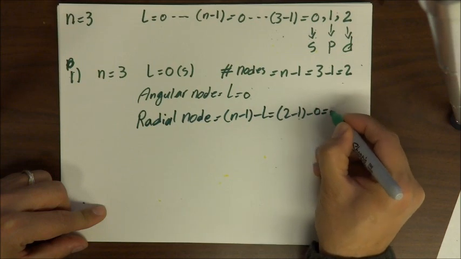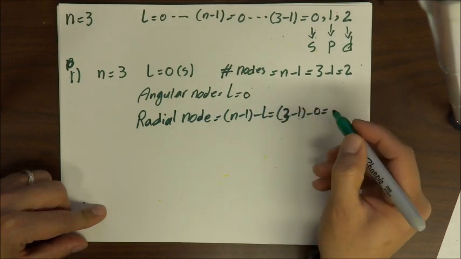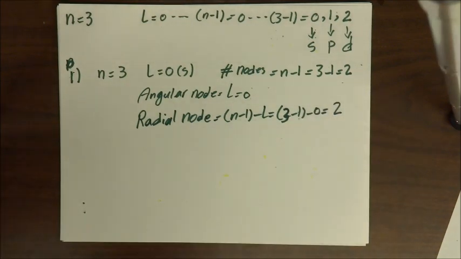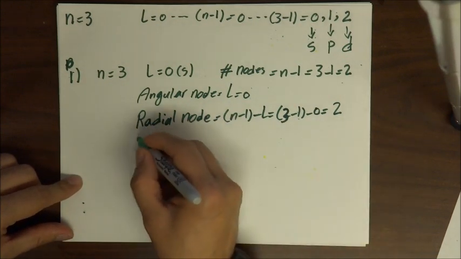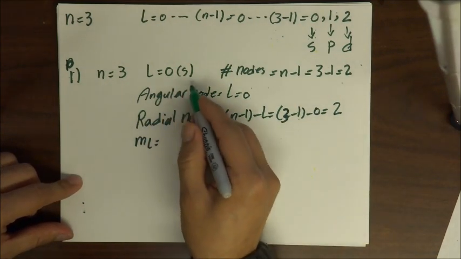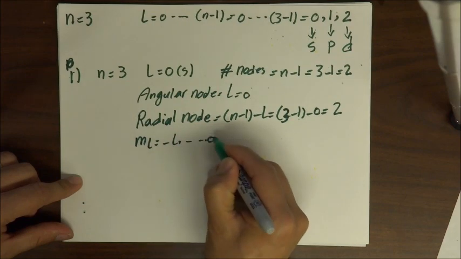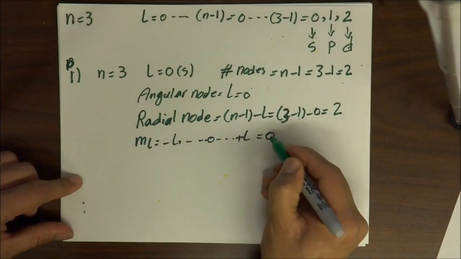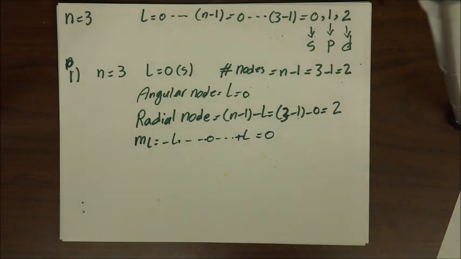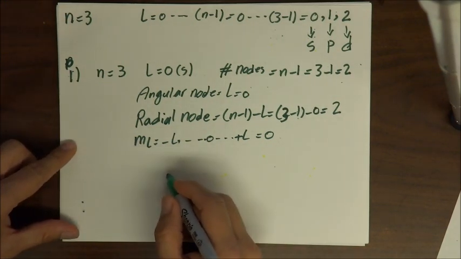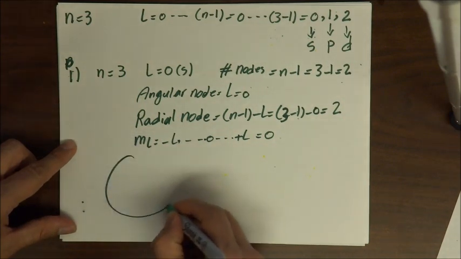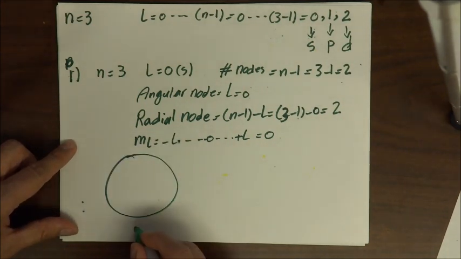So we have two radial nodes. ML goes from minus L to 0 to plus L, so there is no direction. It's just a spherical orbital. I'm dealing with n equal 3 and an s orbital. So here's the spherical orbital, n equal 3, s orbital, so write 3s.